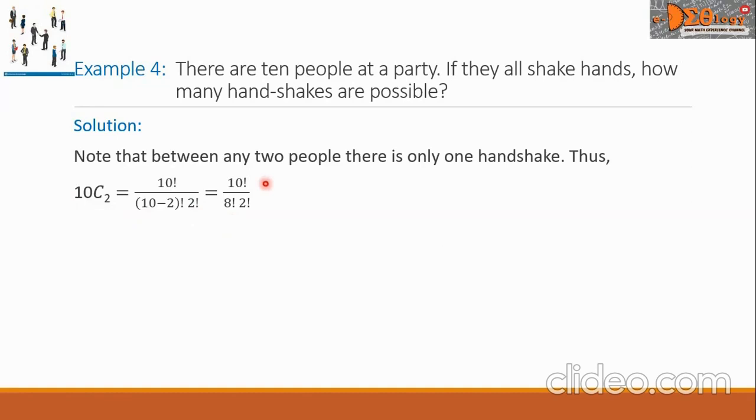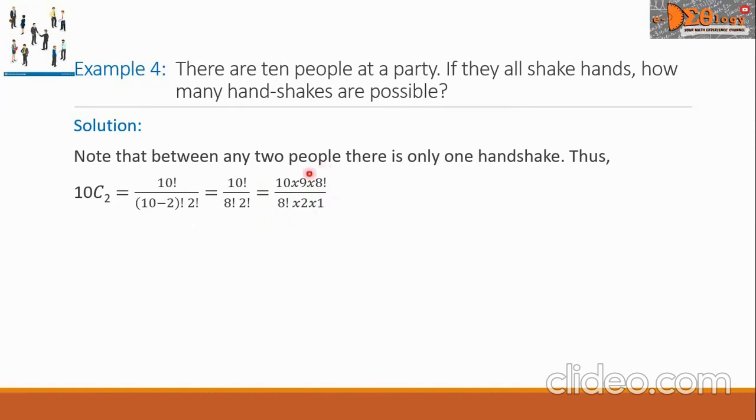The numerator becomes 10 times 9 times 8 factorial. Over the 8 factorial, we will keep it as is. And let us expand the 2 factorial, which is now 2 times 1.